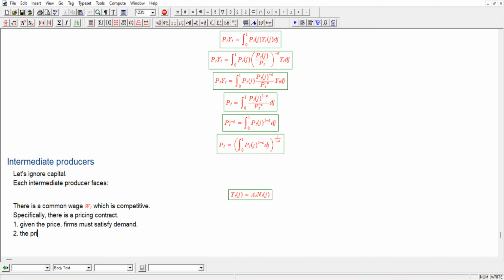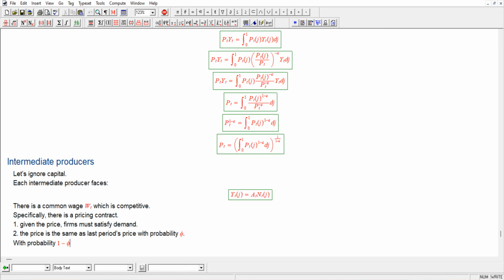Second, the price is the same as last period's price with probability phi, and with probability 1 minus phi, the firm can choose what it views as the optimal price, given that it will have to then agree to the same kind of contract.